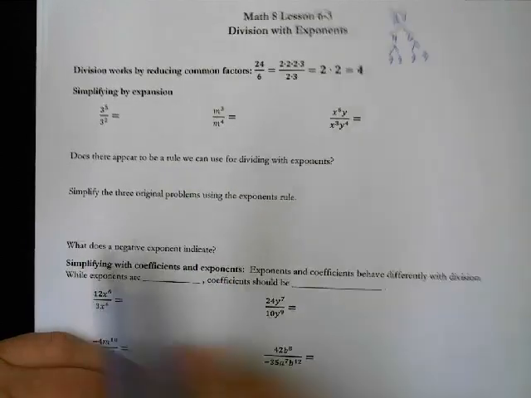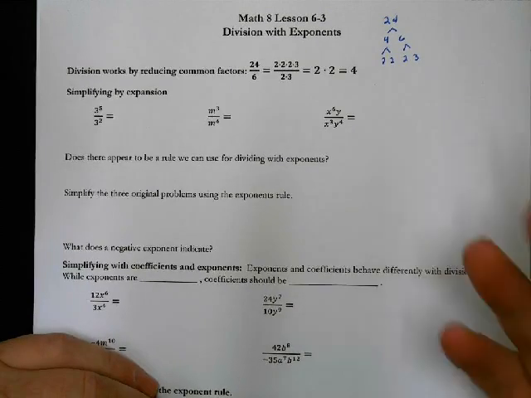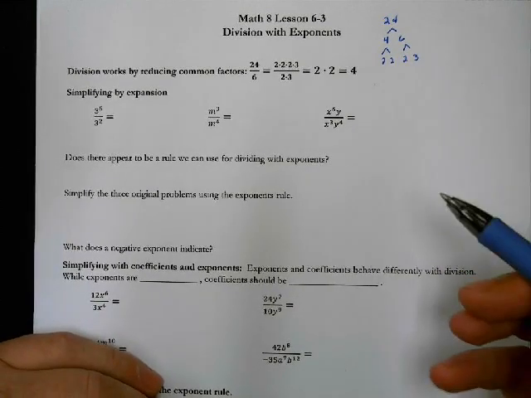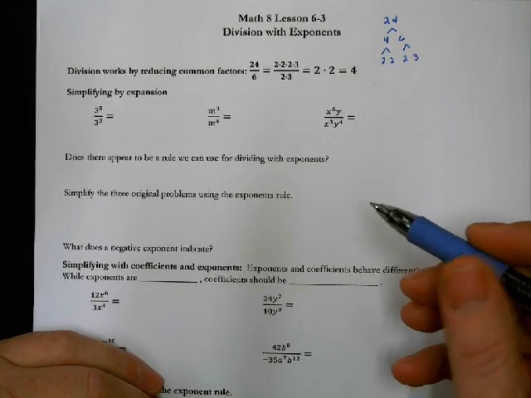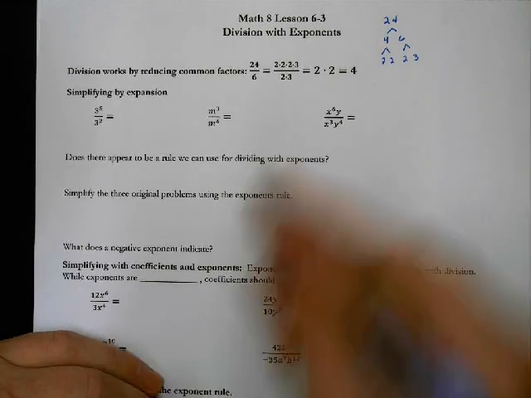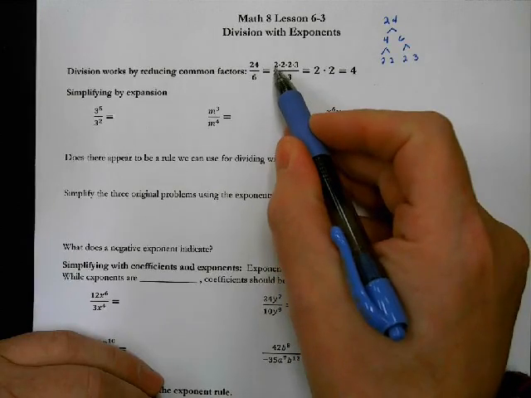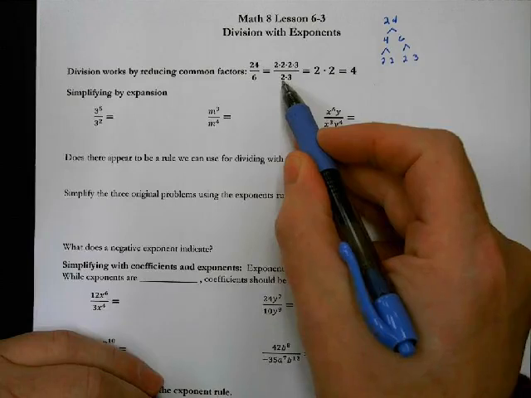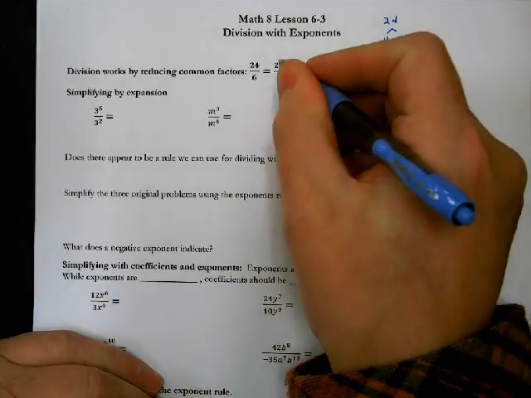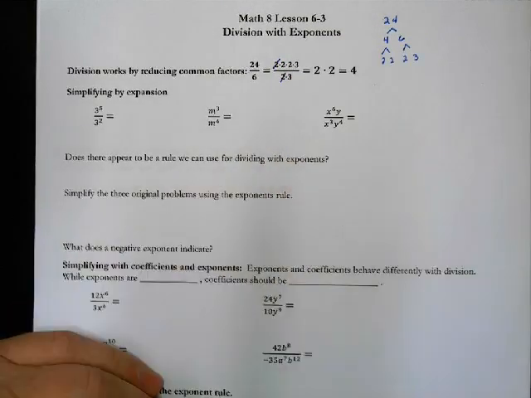And then 6 is 2 times 3. So we don't really think of it like this, but when we're doing division, what we're actually doing is reducing common factors. And here's what I mean. You see how I have a 2 in the numerator and a 2 in the denominator? 2 divided by 2 is 1. So I can reduce those because they become 1.